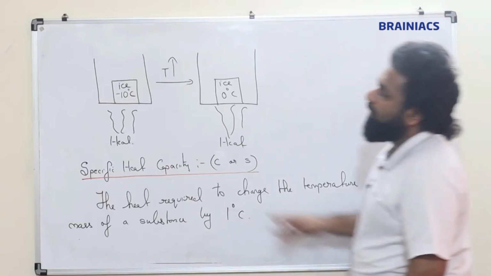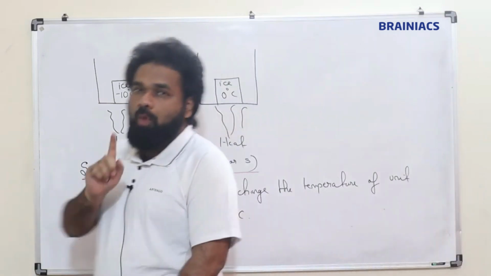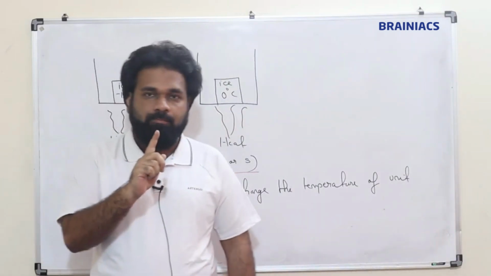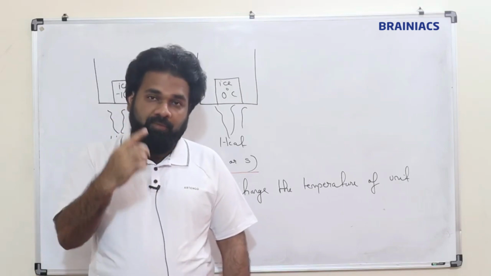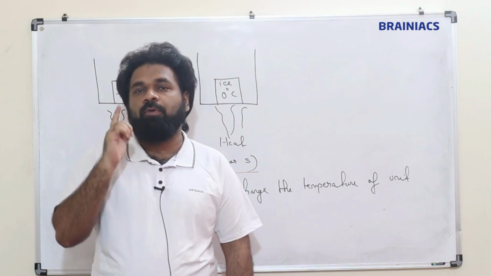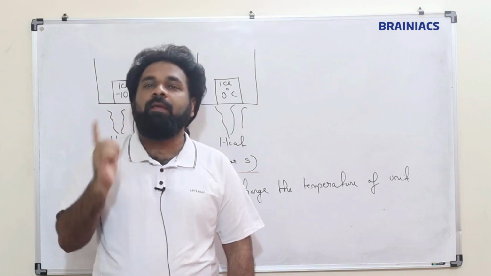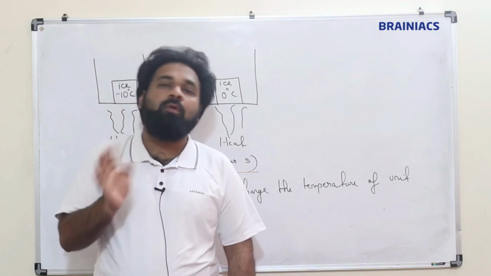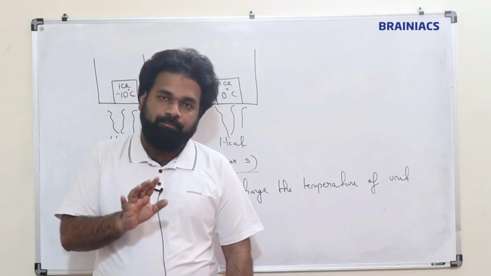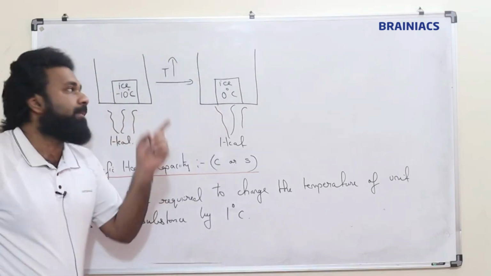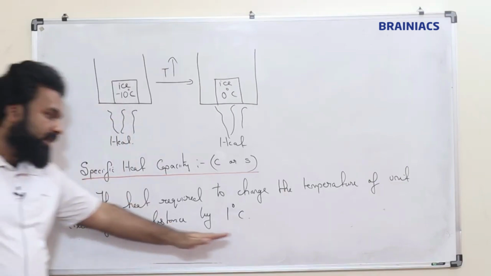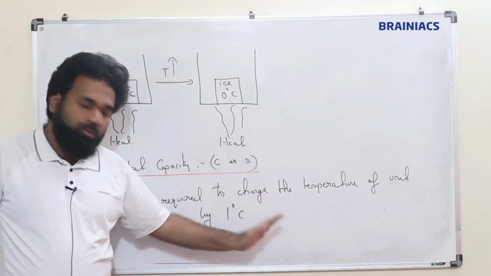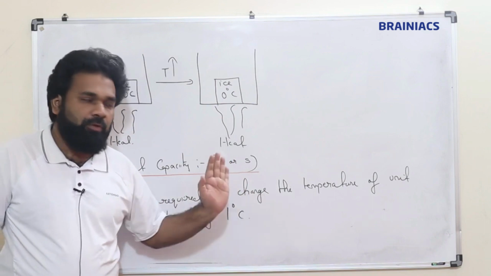So if I need to raise the temperature of 1 gram of ice by 1 degree Celsius, how much heat is needed? That is the specific heat capacity of this ice. We will be discussing this a lot. You will become comfortable in this, I assure you that.